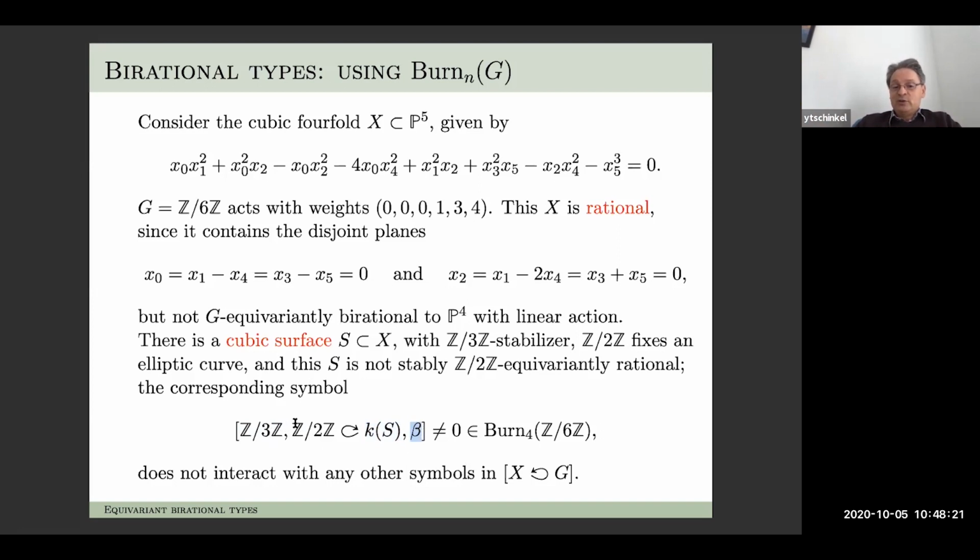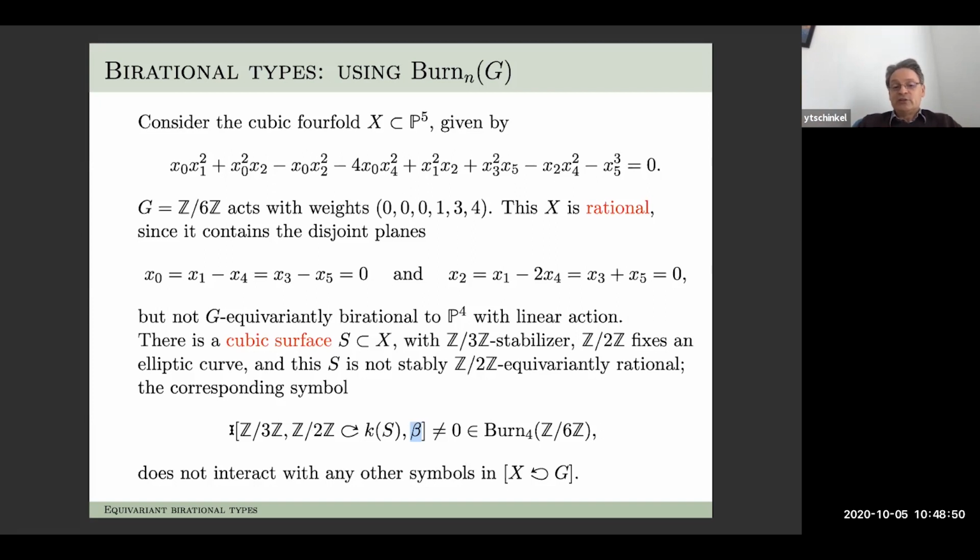Now, when you have a cubic surface with a Z mod 2 action which fixes an elliptic curve, then that cubic surface is not stably equivariantly linearizable. That's the theorem of Prokhorov and Bogomolov I mentioned. Once you have a curve of genus at least 1 in the fixed point locus of some element on the surface, H1 of that cubic surface is non-trivial.